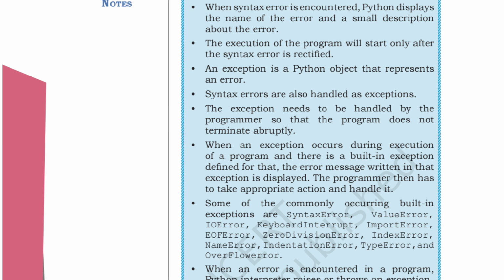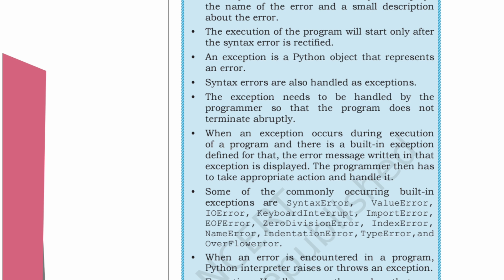Okay, now what we can say: the exception needs to be handled by the programmer so that the program does not terminate abruptly. Exceptions are used because if there is any error, at that time the exception will get executed and the program will not terminate abruptly.